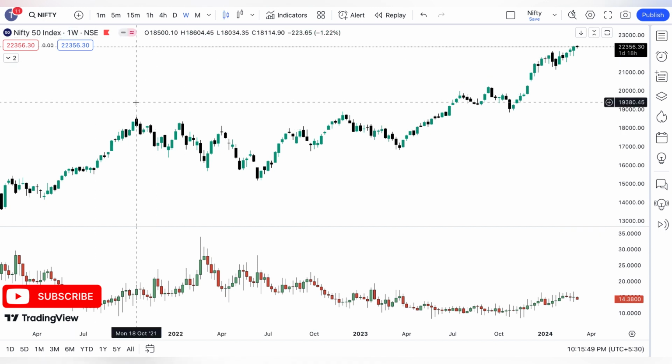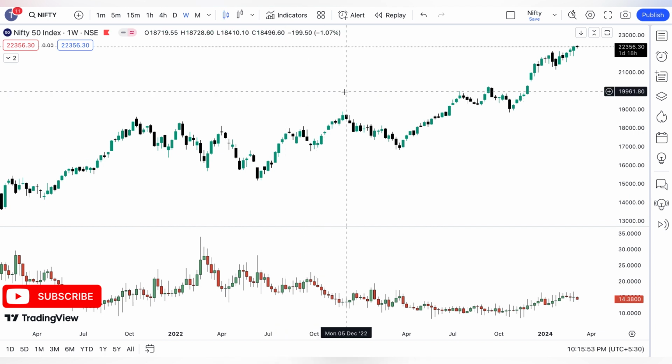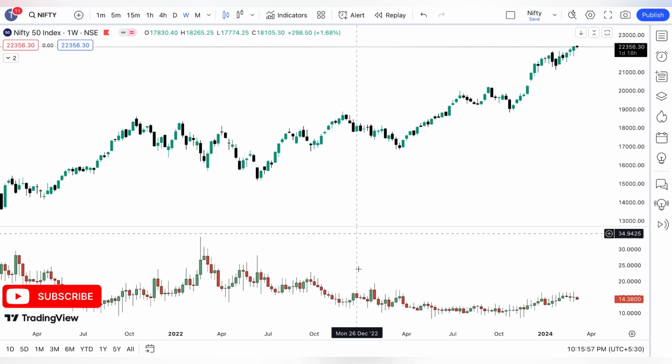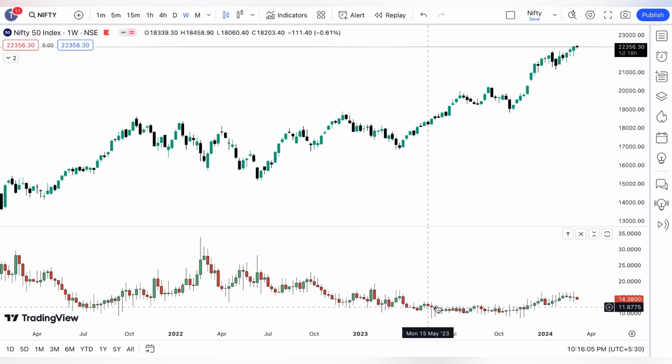If we look at recent times, after the high of November 2022, the India VIX was at 14, after which we saw a decline. One more time the India VIX moved to 11.3.